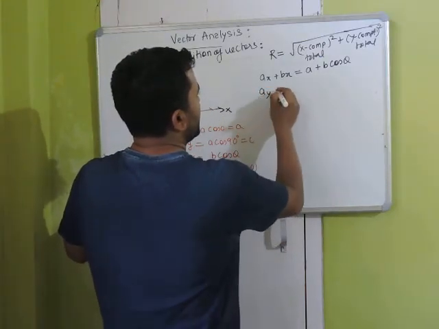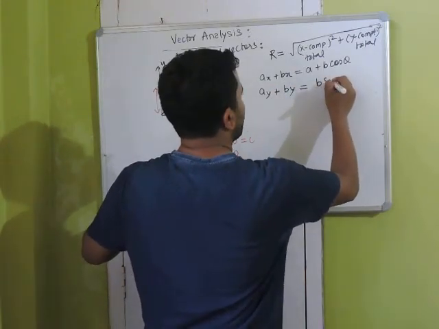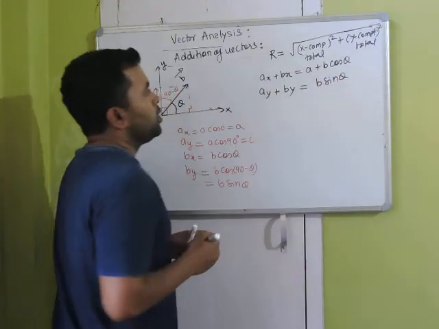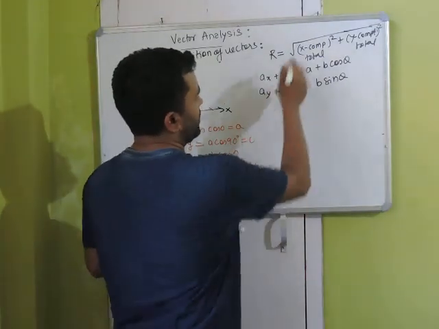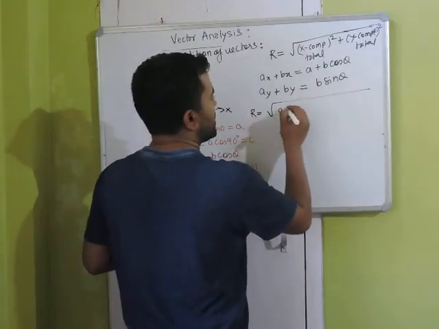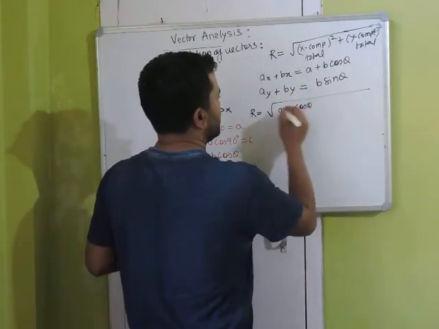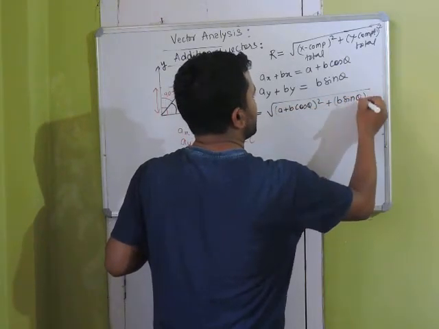Ay plus By. Ay is 0, By is B sin theta. Now the resultant will be the square root of (A plus B cos theta) whole square plus (B sin theta) square.